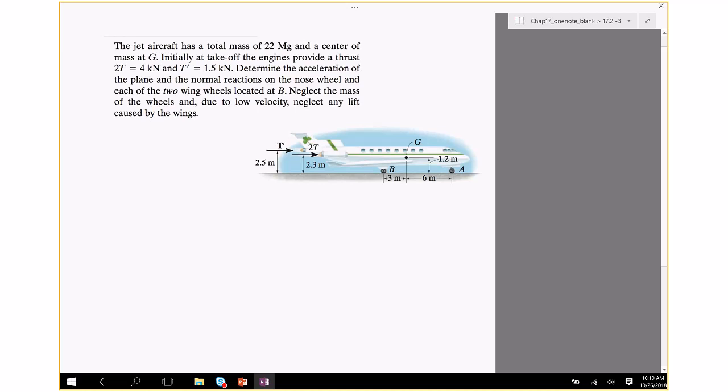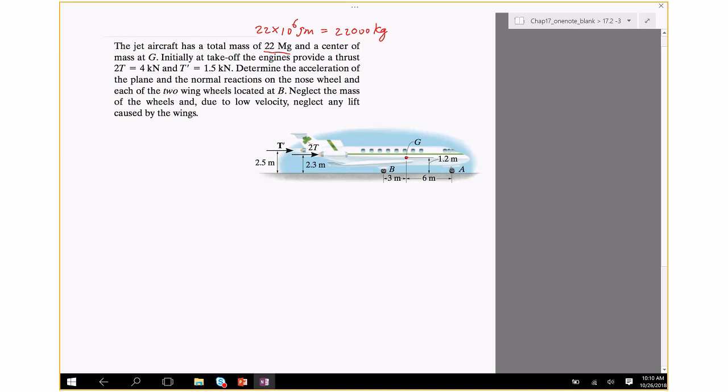Okay, so the jet aircraft has a total mass of 22 Mg, which means it's 22 times 10 raised to 6 grams, which is 22,000 kilograms, right? And a center of mass at G, so that's given to you.